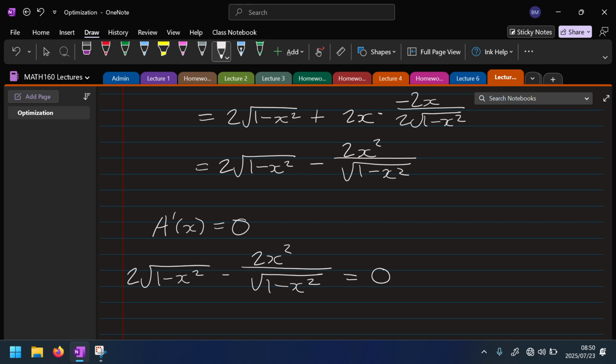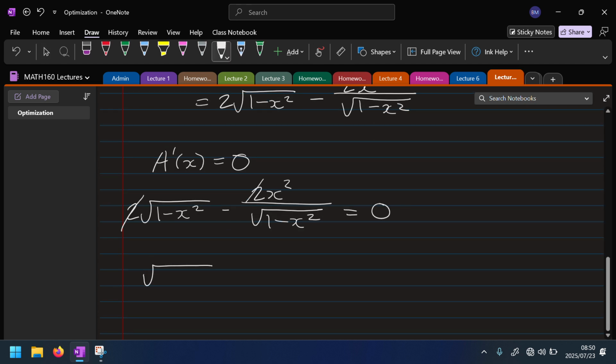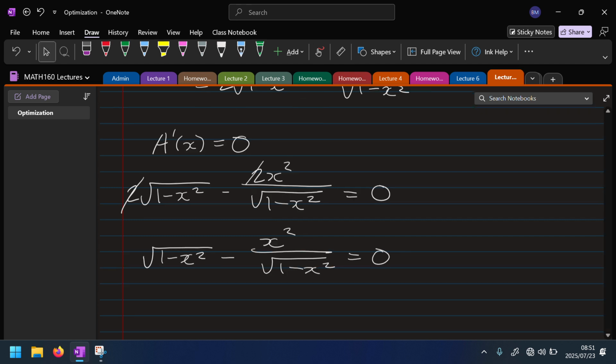First thing, we've got 2 and 2, we can get rid of that. So we get root 1 minus x squared minus x squared over root 1 minus x squared is equal to 0. Now we've got this root 1 minus x squared in the bottom there. We don't want to deal with fractions like that, so let's multiply through by the denominator to get rid of that.